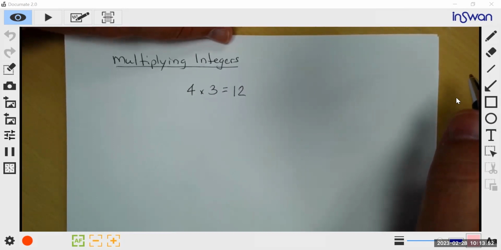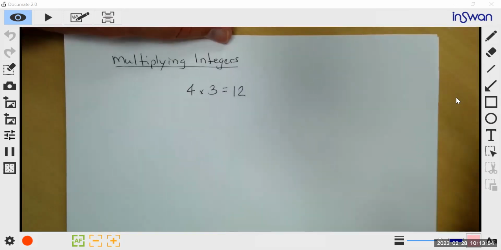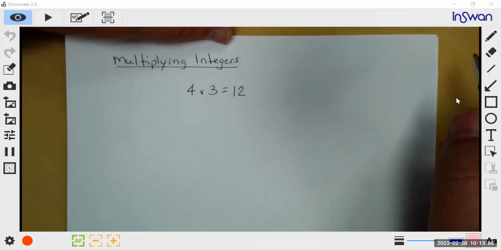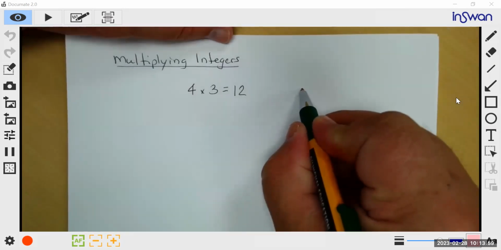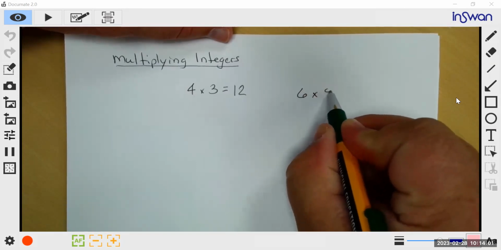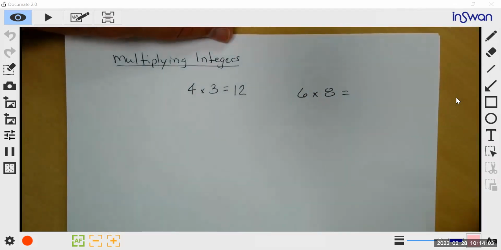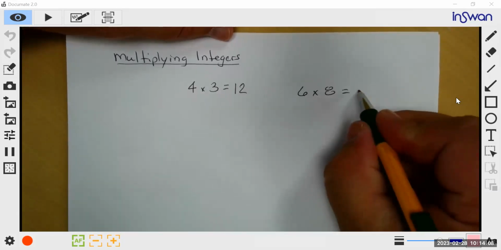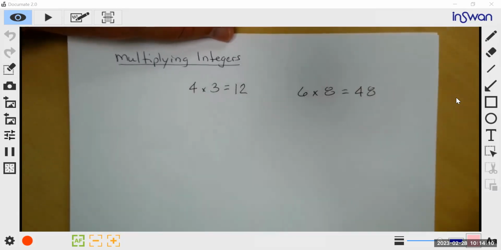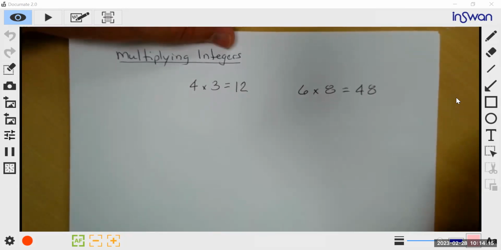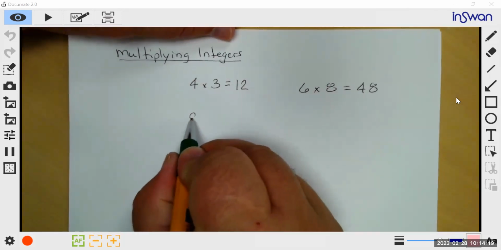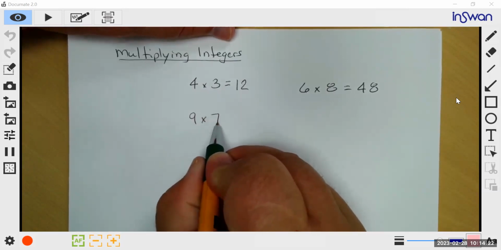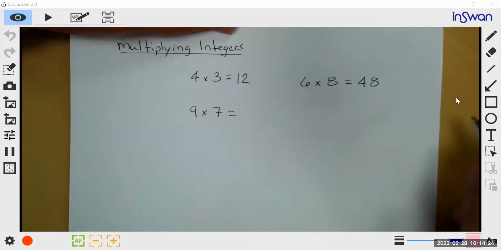Because of calculators, most of your life in high school, you lost your skills of doing multiplication. 6 times 8. Nine times 7.